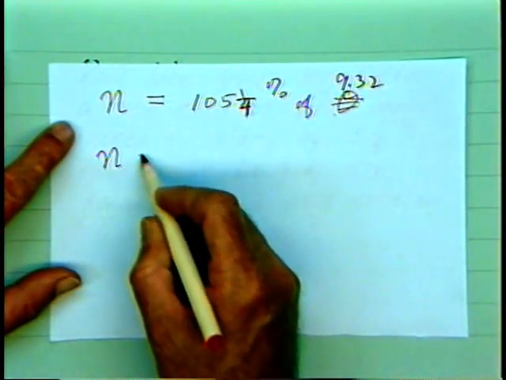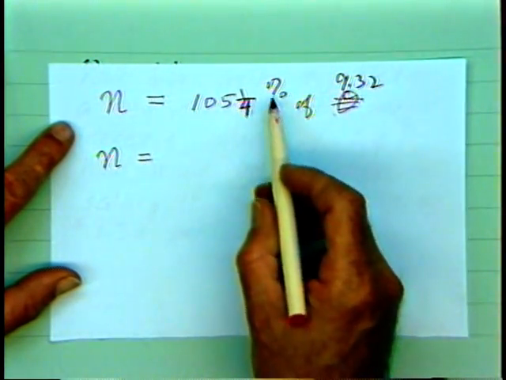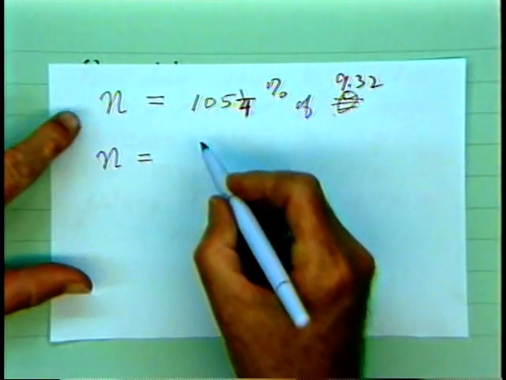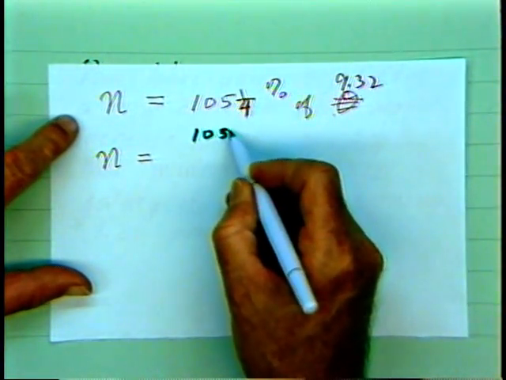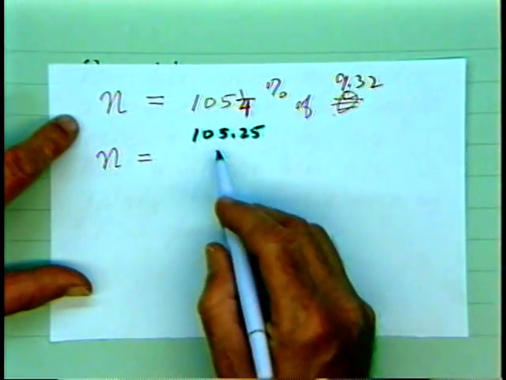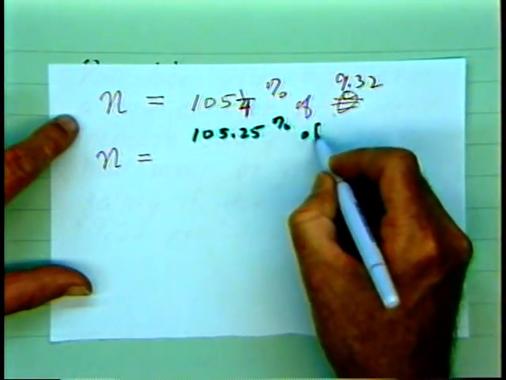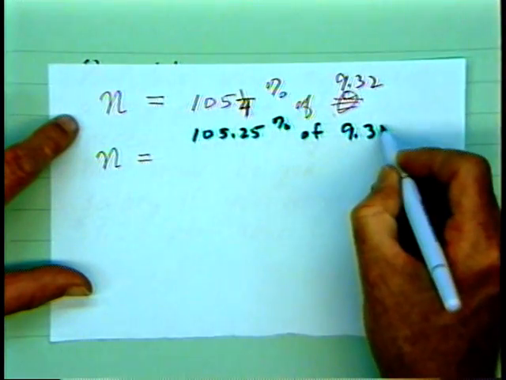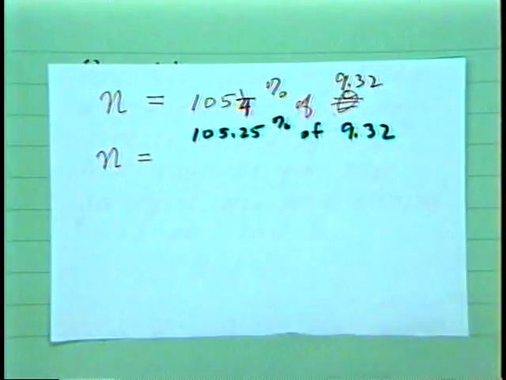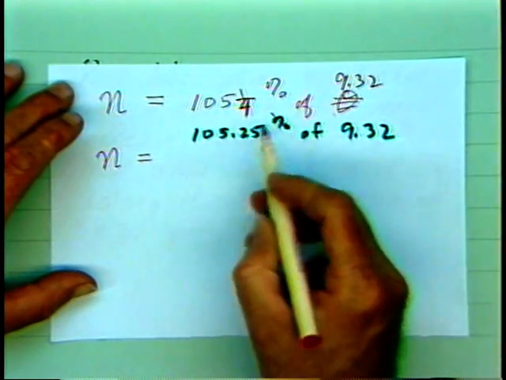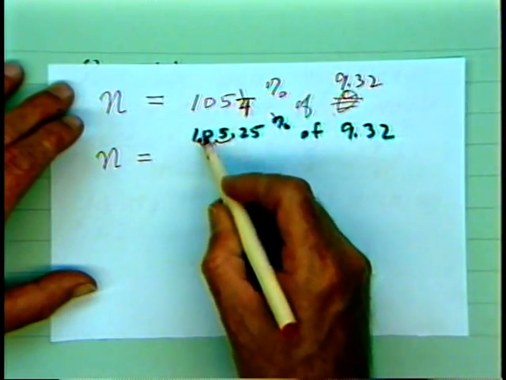So this says the new salary is, and if we don't like that 1/4 as a fraction, we can change it to its decimal equivalent, but the percent is still there. So now we can get away from percent by moving the decimal 2 places.